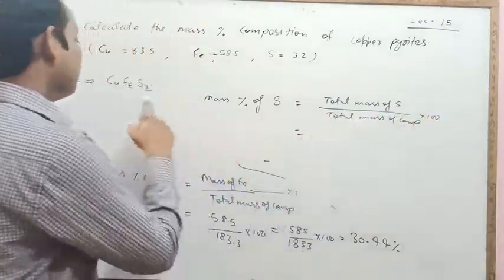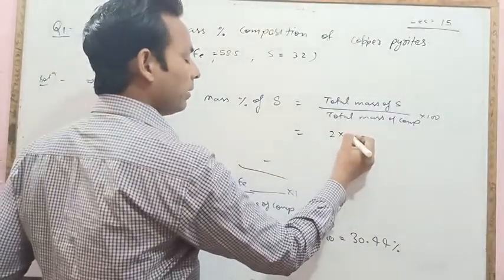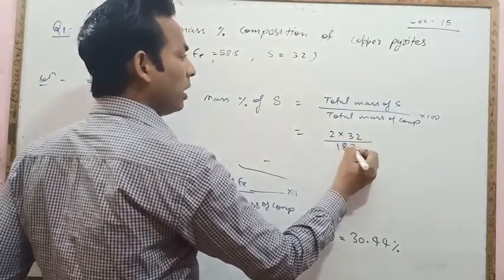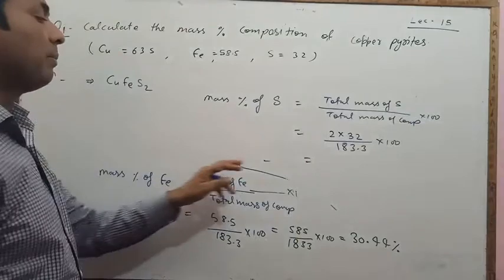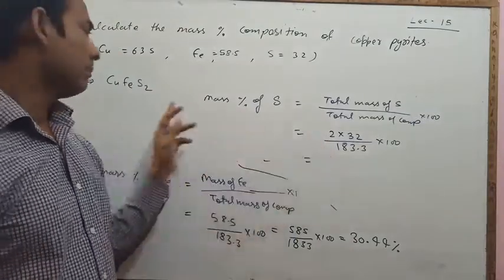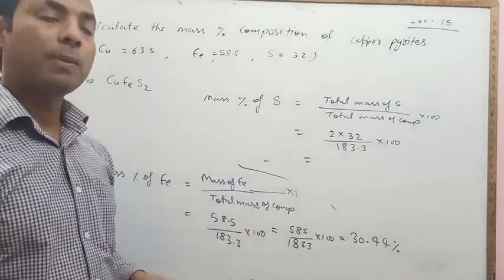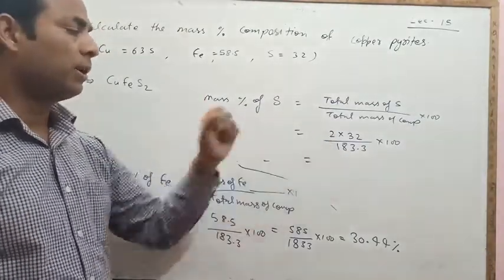The total mass: 2 sulfur are there, so 2 into 32, the atomic mass of 1 sulfur, upon 183.3 into 100. Why have I multiplied by 2? Because the number of sulfur atoms per mole of copper pyrite equals 2. That's why we have to multiply by 2.